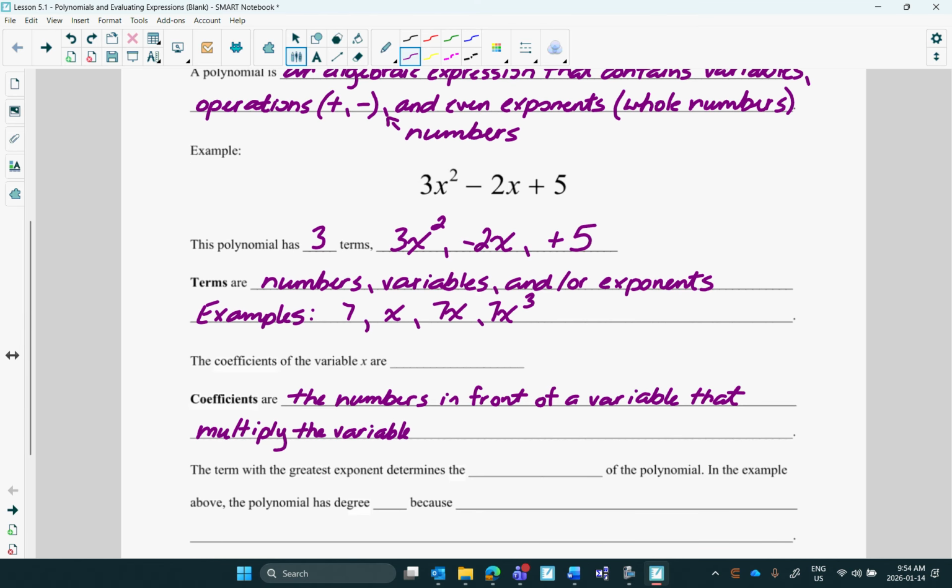So in this example, what are the coefficients? 3 and 2. 3 and minus. Right. If there's a minus in front, you've got to take it as part of the coefficient. Good. So yes, 3 and negative 2.